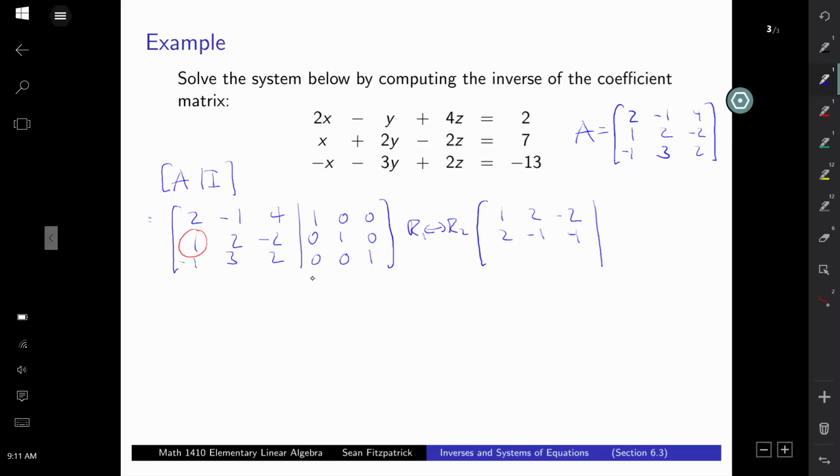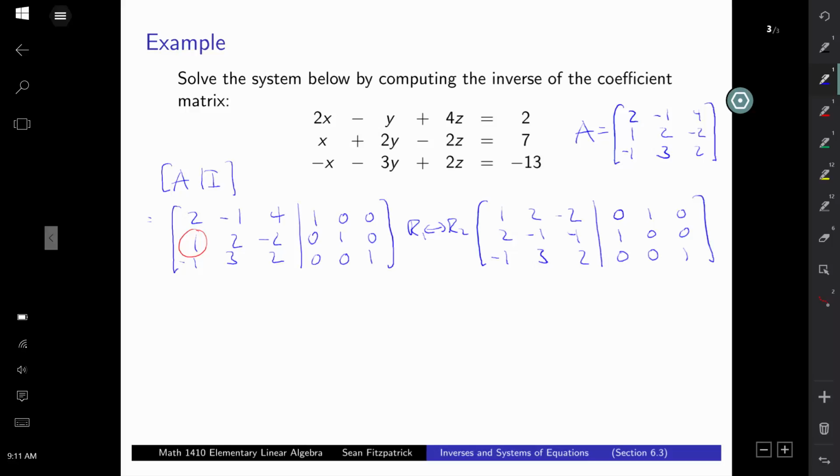But be careful, what you do on the left you must also do on the right. So the rest of row 2 is 0, 1, 0. The rest of row 1, 1, 0, 0. Row 3 stayed put. Make sure you don't just do this on the left, you've got to do it on the right as well. That's one place where people tend to go wrong. They forget the right hand side.